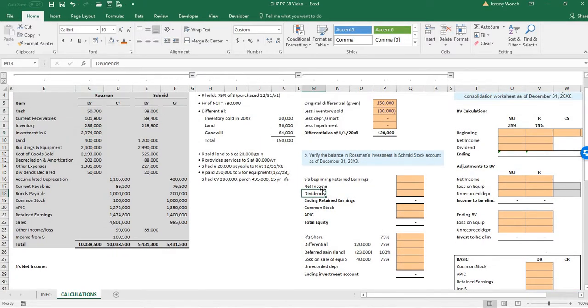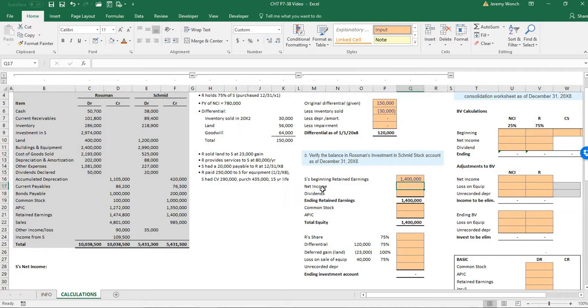We'll start by entering in the subsidiary's equity accounts. That's going to be the beginning retained earnings, which is 1.4 million.